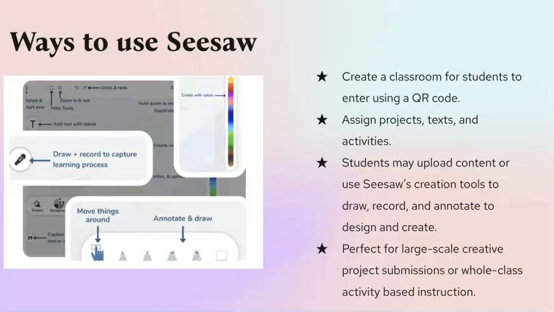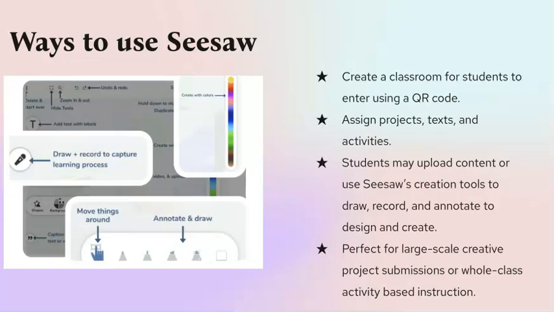Ways to use Seesaw. So Seesaw can be used with all these tools for students to create their own content. So what the educator needs to do is to create a classroom for students to enter using a QR code, and assign projects, tests, activities straight through Seesaw.